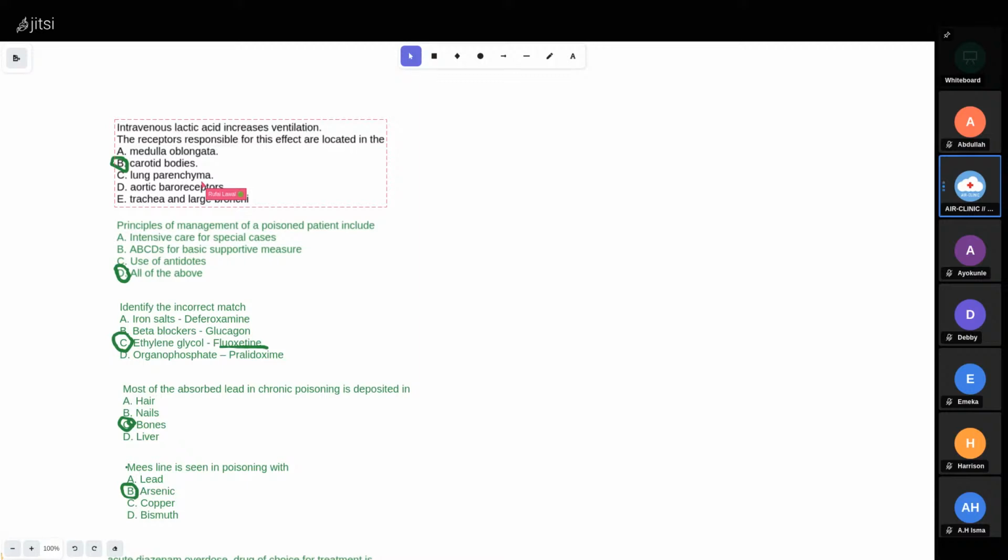Yes, I mentioned someday, I think it was day one or day two of our discussion, that there are two types of lung disease: restrictive and obstructive.